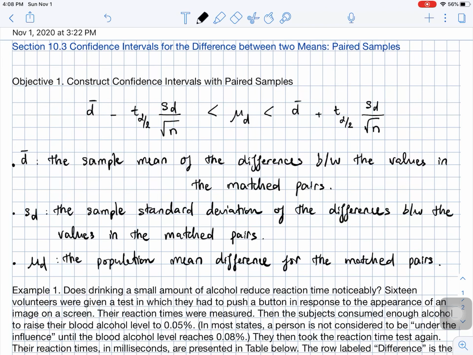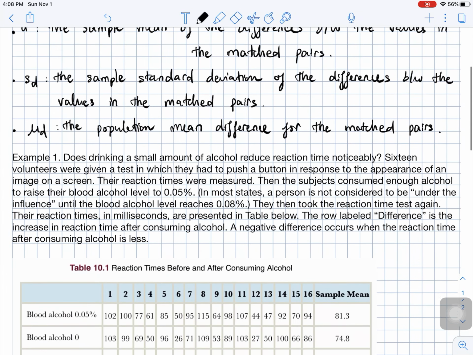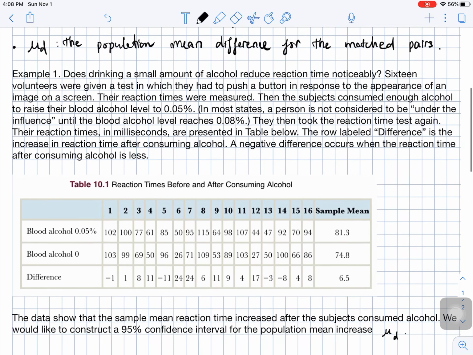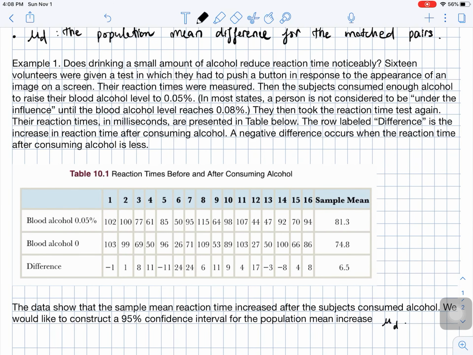We have a formula: on the left-hand side, d bar minus t alpha divided by 2 times sd over square root of n, and on the right-hand side, d bar plus t alpha divided by 2 times sd over square root of n.